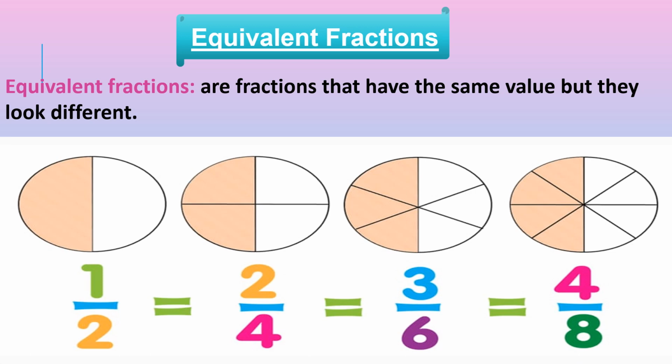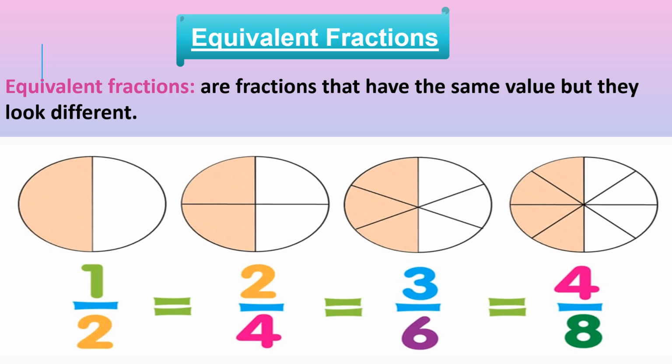If you compare the shaded with the whole, you can see that they are representing the exact same value. In fact, they are equivalent to 1/2. So 1/2 equals 2 over 4 equals 3 over 6 equals 4 over 8.